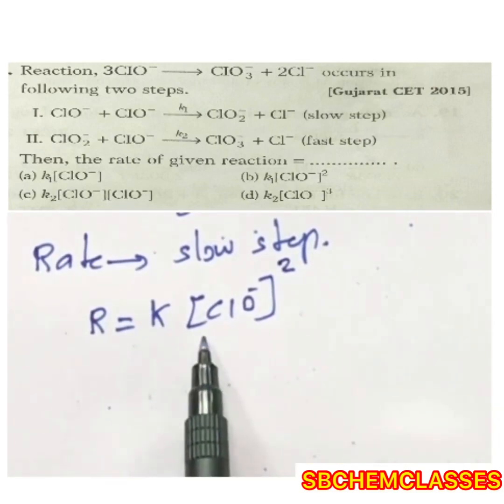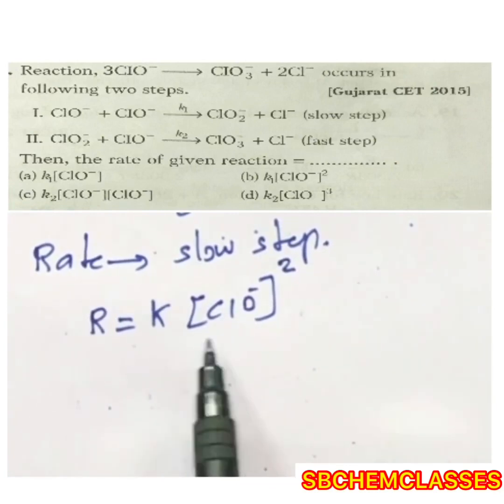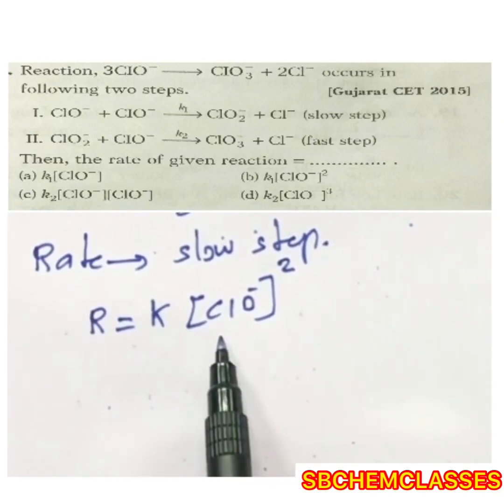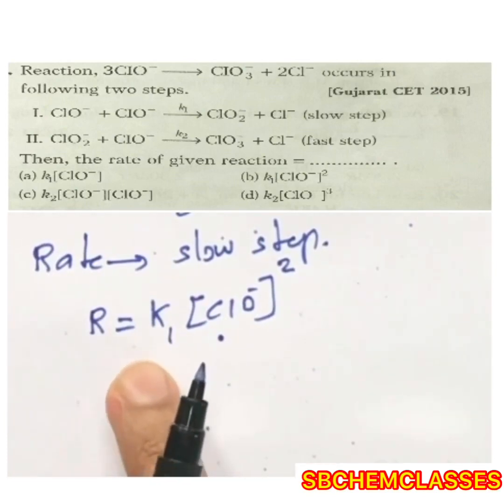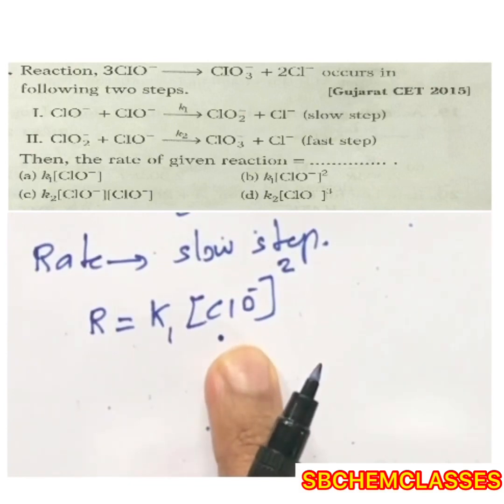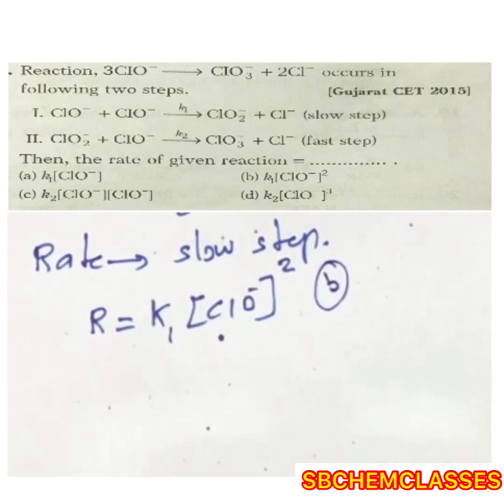But we have to check whether it is a reactant or an intermediate. We know it is simply a reactant. So the answer is R equals rate constant of the slow step, K1, so R equals K1 into ClO minus raised to 2. Option B.